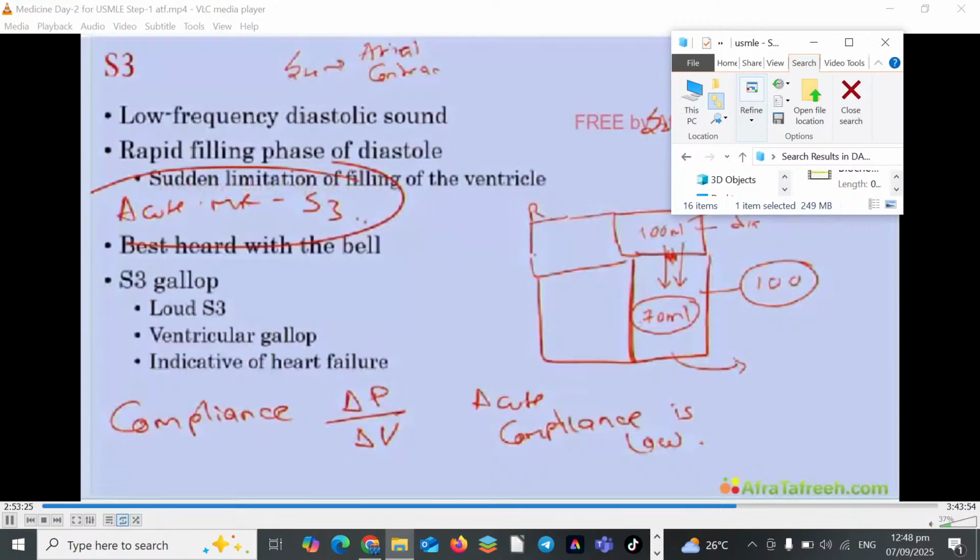This delta P by delta V is going too high. It is under too much pressure. So whenever you see that S3 is present, think about heart failure, ventricular overload, a non-compliant ventricle. This is called a ventricular gallop, because the ventricles are the ones creating the sound.